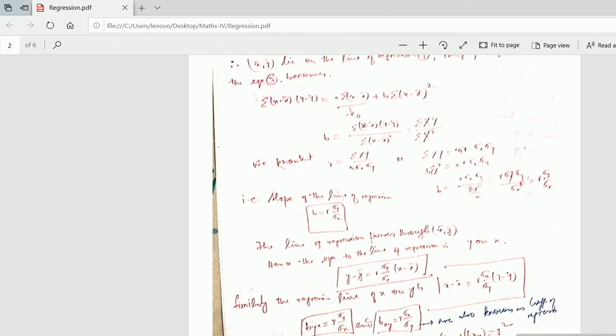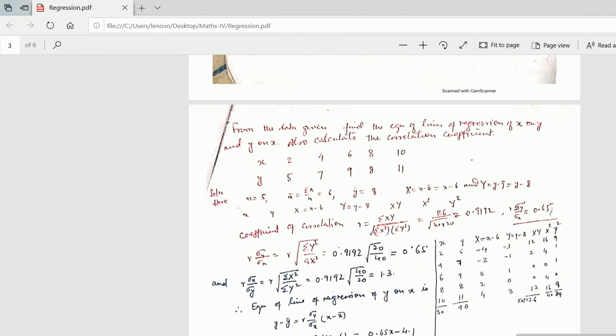So for y on x you can write byx equals r sigma y by sigma x, and for x on y, bxy equals r sigma x by sigma y, also known as coefficients of regression. If you multiply these two coefficients of regression, you will get r square.